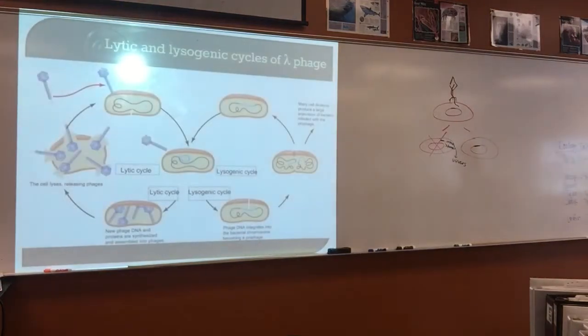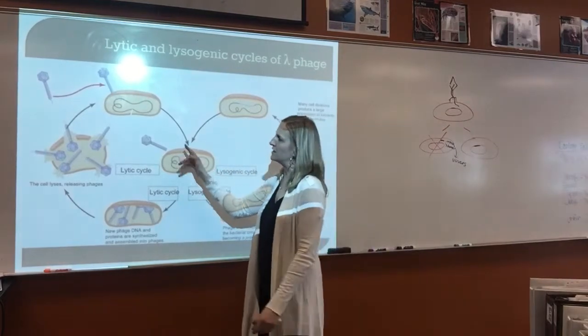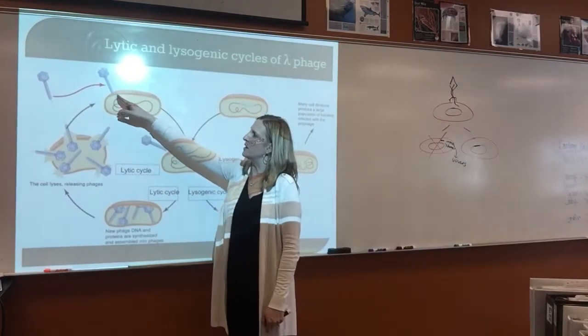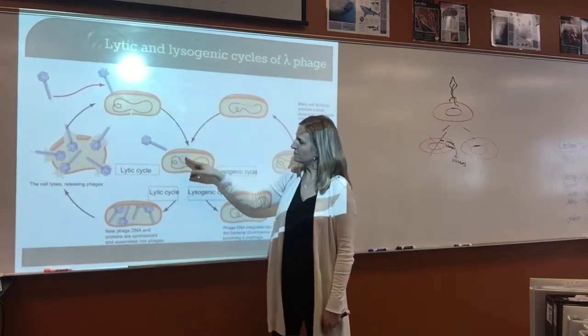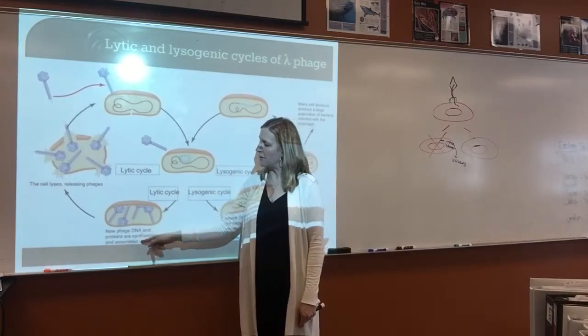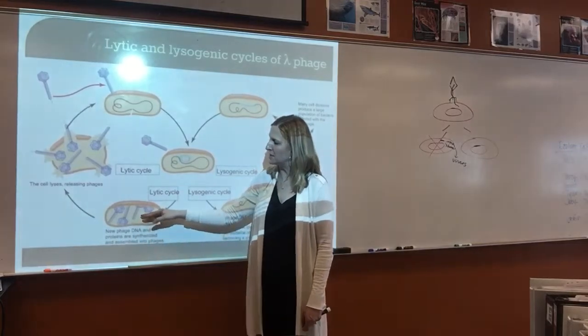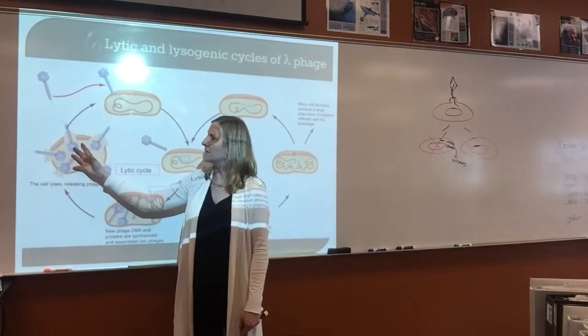So let's look at this picture here, because this shows you the comparison between these two cycles. On the left is the one we just looked at before, the lytic cycle. So the bacteriophage is injecting its DNA. There's its DNA. The DNA is used right away to make new viral proteins and capsid proteins, the capsid proteins and the genetic material, and the cell lyses.